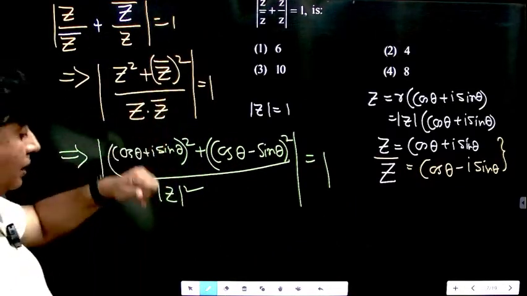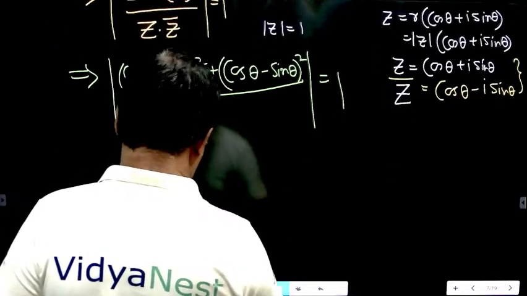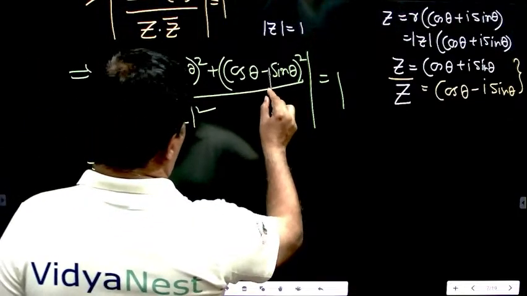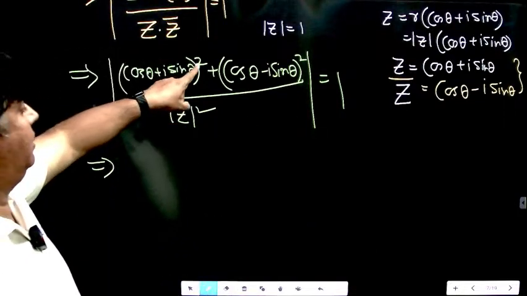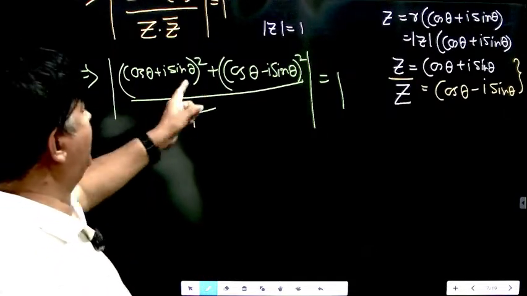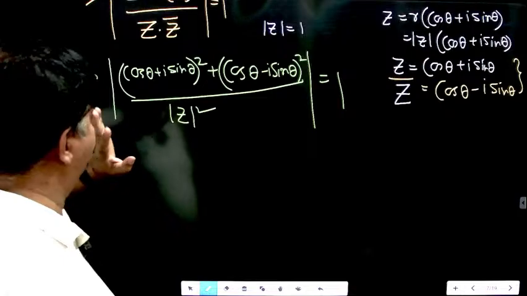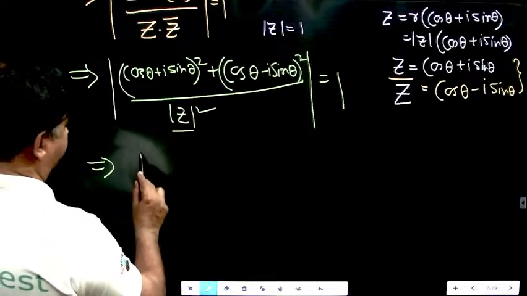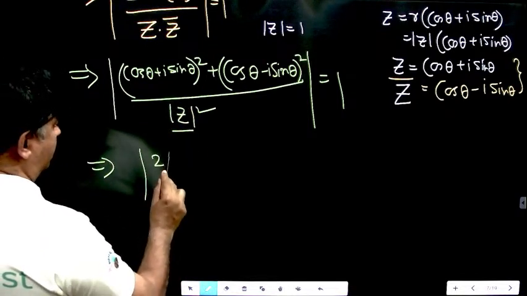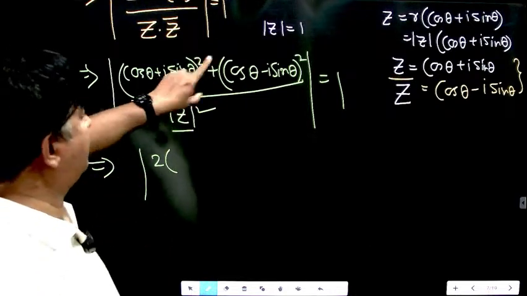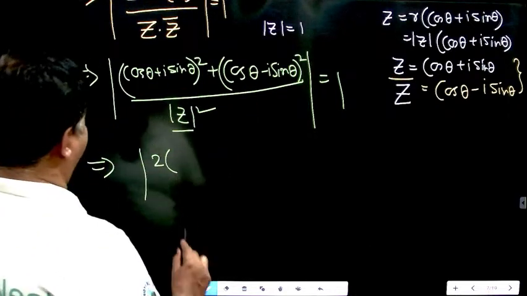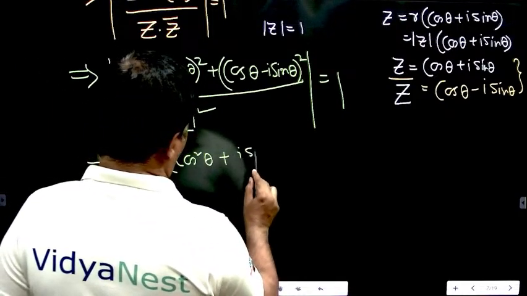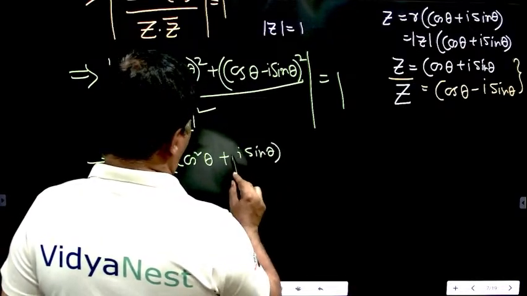Now mod z1 is given in the question already. I missed out that i. Now in this case, if you wish, you can use the a plus b whole square, a minus b whole square formula, or de Moivre's theorem, as you wish. This is one. Here use class 7's formula, a plus b whole square, a minus b whole square, twice a square plus b square.